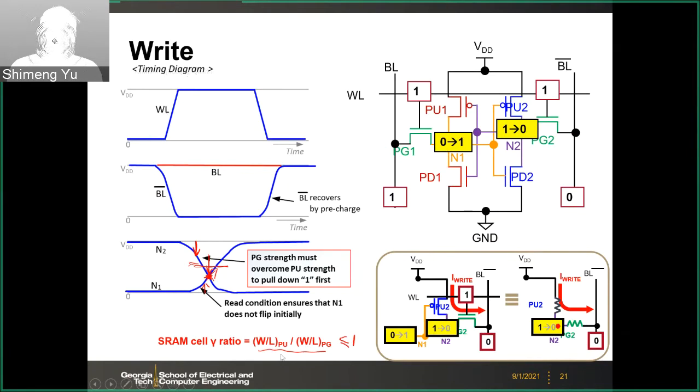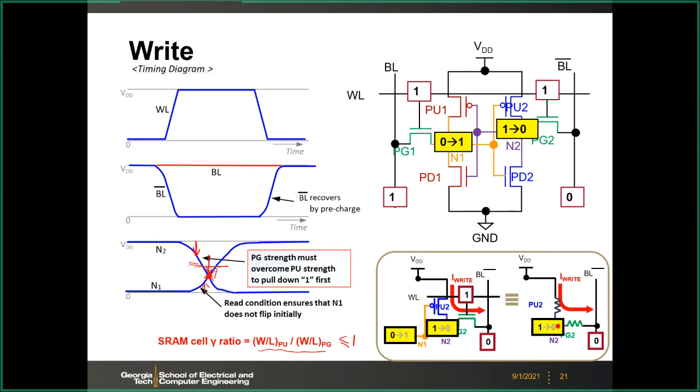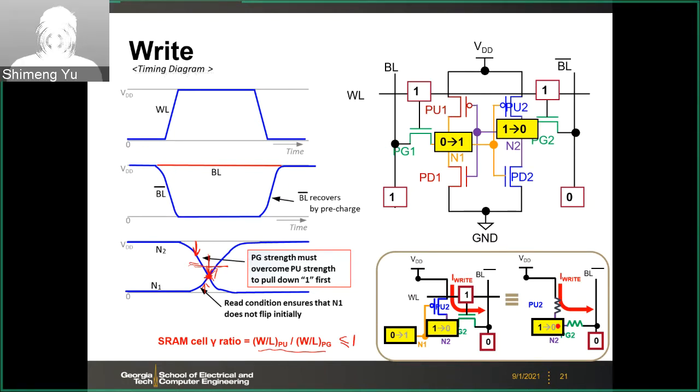And then my question here is, if you have the same W over L, say for the pull-up and pass gate, does this condition get satisfied? If you have the same W over L, is this a valid equation? Yes or no? It's yes, right?